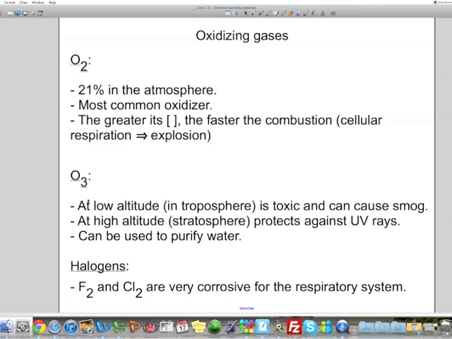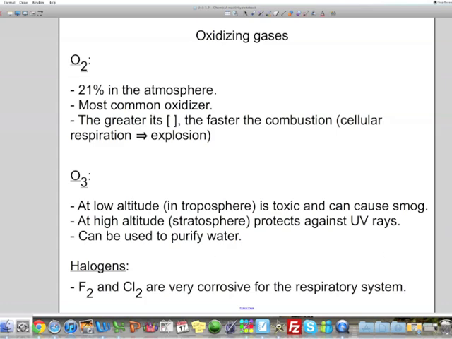O3, ozone, can replace oxygen. One point that should be made is that ozone at low altitude, so in the troposphere where we are right now, can be toxic, and actually causes smog. Normally we'll find it in the stratosphere, where it protects us from the sun's UV rays. It can also be used to purify water.